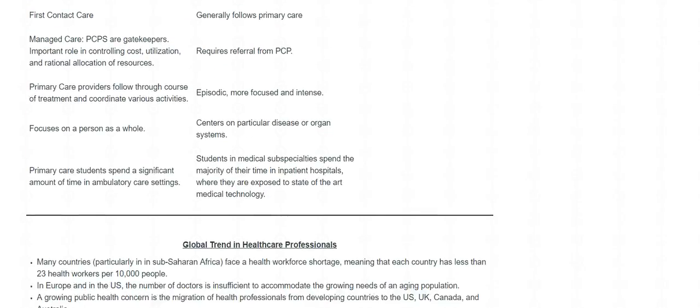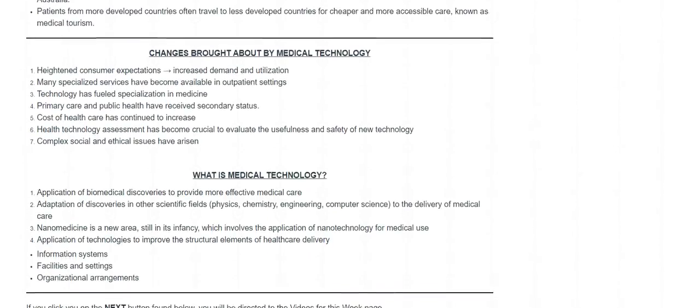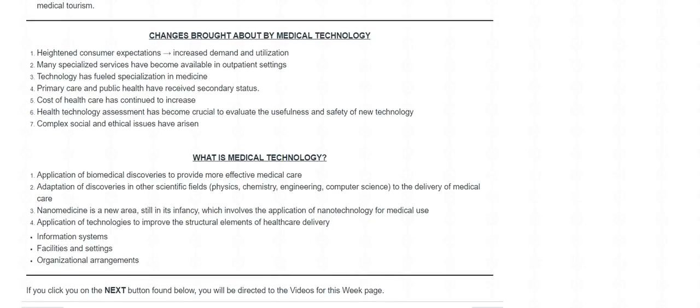So we are going to be jumping to Chapter 5, which is medical technology. So I'm actually going to jump to the slides right now and cover the information presented to you in the Some Information from the Chapter section in this week's module. All right, so let's go to the slides.